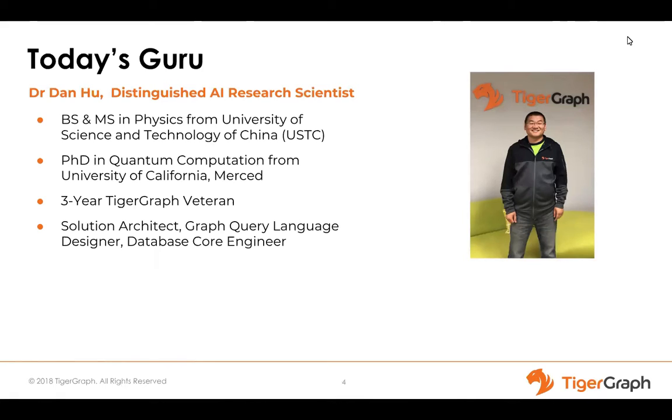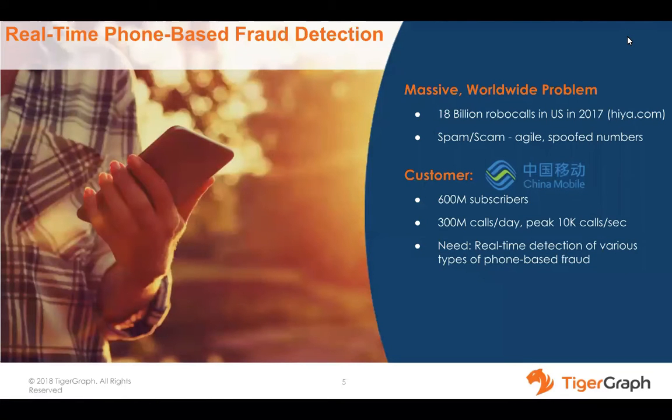I'm really excited to hear how Dan is going to talk about his work. I'm going to give you an overview of the task for about 5 minutes, and then I'm going to turn it over to Dan.